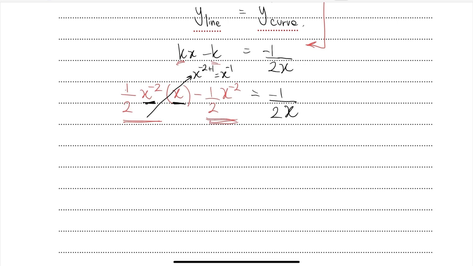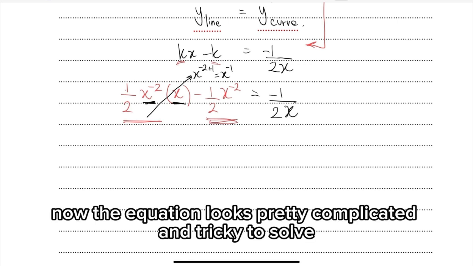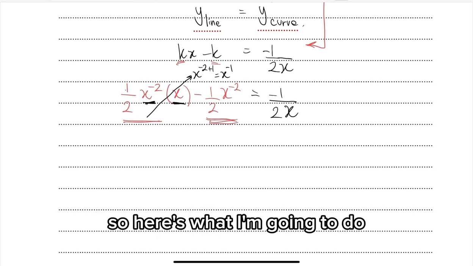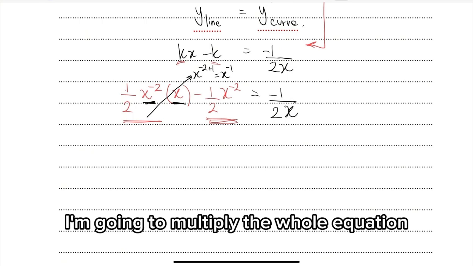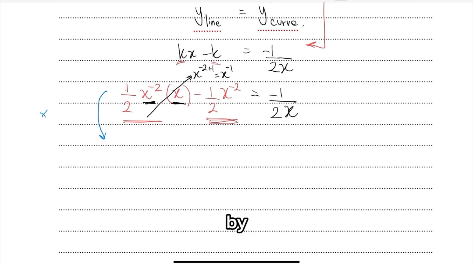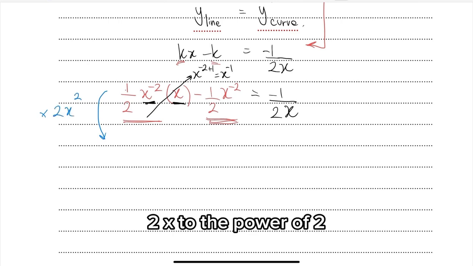Now the equation looks pretty complicated and tricky to solve. So here's what I'm going to do. I'm going to multiply the whole equation by 2x to the power of 2. You will see why.